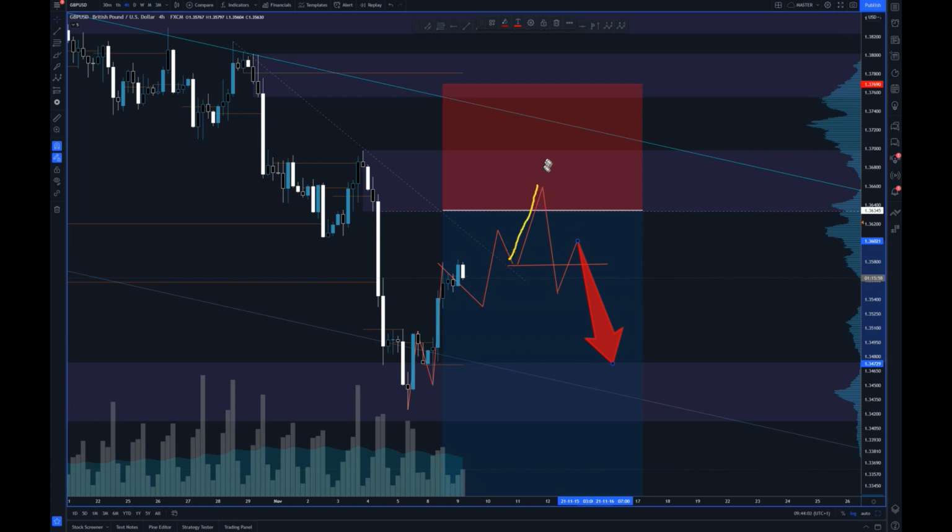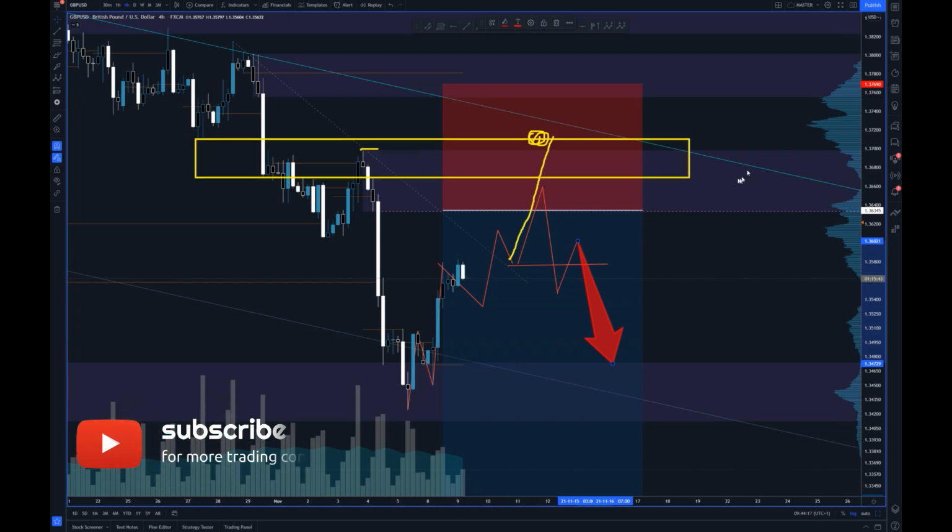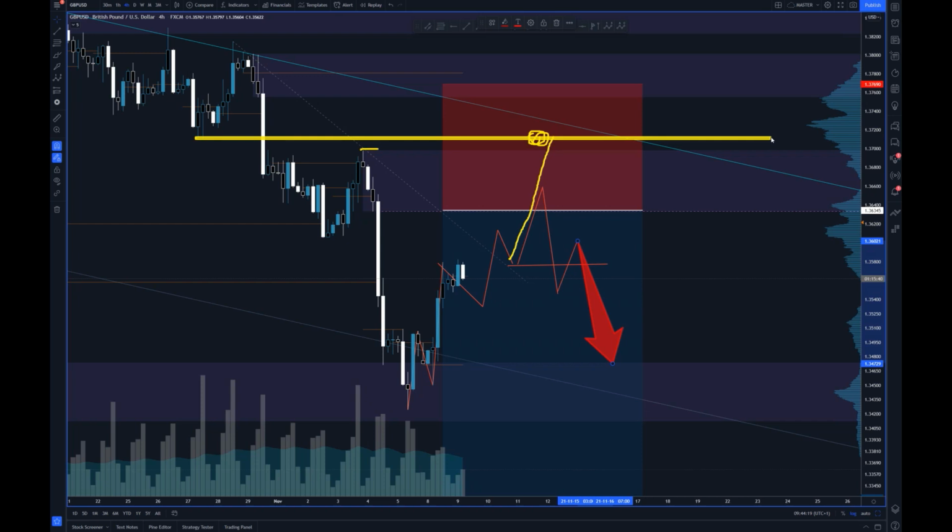The price can come all the way up here, and then it doesn't matter if it will break or not, because we never know if it is exactly on the pip here, or even if they will react somewhere on this bottom, on this low here, right? So somewhere in this zone I will be looking.